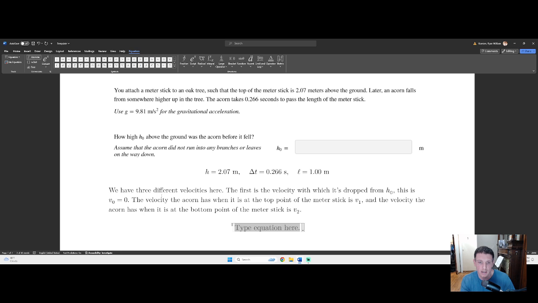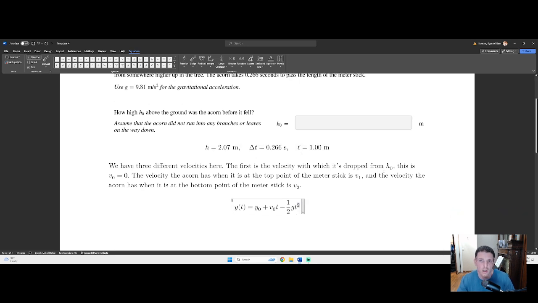Okay, so anyway, I think we want to use this equation. This is the general form of the equation, with g t squared. Okay, this is what I'm thinking about here. We said that the length of the meter stick is L, okay?